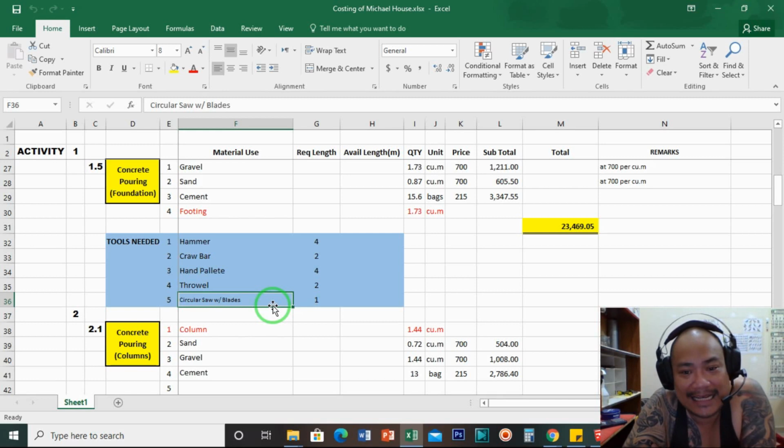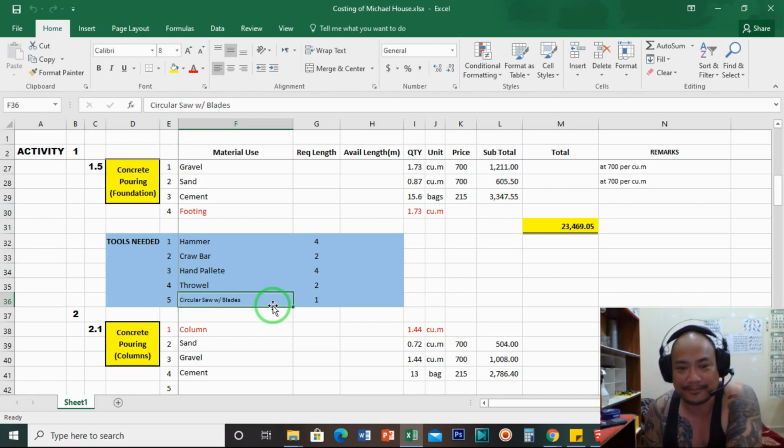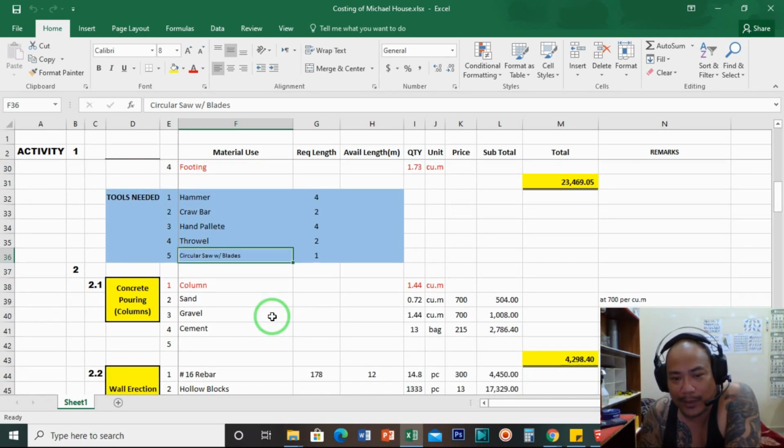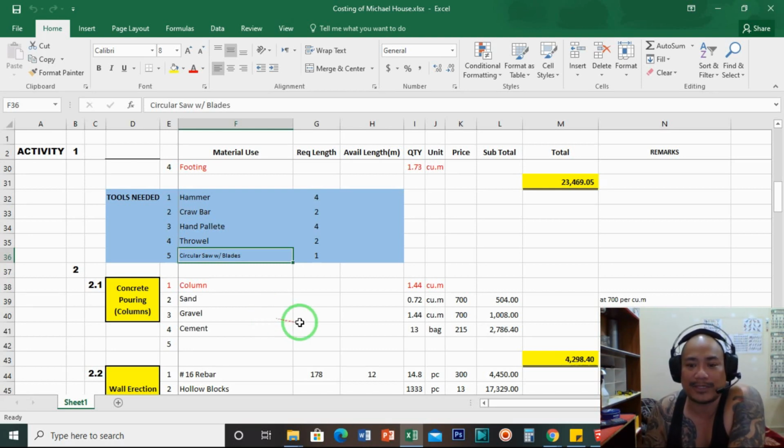So, next activity is concrete pouring for columns. Our column requires 1.44 cubic meter of concrete, not cement. In order to do that, I need 0.72 cubic meter of sand, 1.44 cubic meter of gravel, 13 bags of cement.